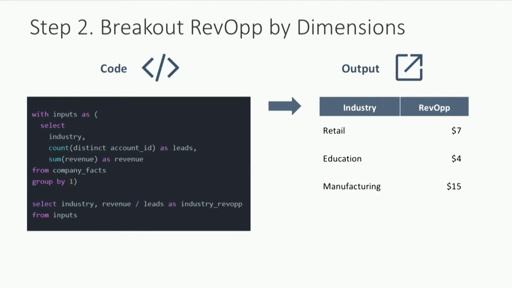To do that, you simply bring in the dimension that's relevant for this and break out Rev Up across the variation. In this example, industry. So now, in just a few lines of code, we have some really useful information. We know that manufacturing leads are really good for us, and retail are less good. This is the kind of information that your sales team intuitively knows as they're sizing up leads, and what we're doing here is systematizing it.